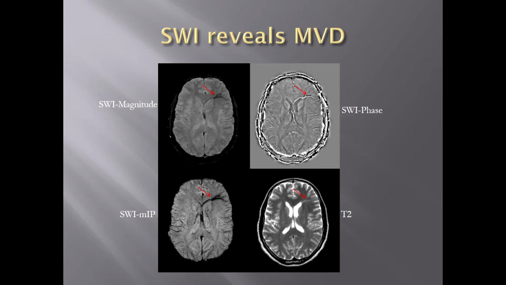And on the upper right image, where the phase is showing bright, we can see this is also an indication that in that entire vascular pathway, the deoxyhemoglobin level is consistently high. And in the lower two images, again, you see the damage on SWI, but you also see some indication on T2 that there's been some tissue damage, not just vascular damage.